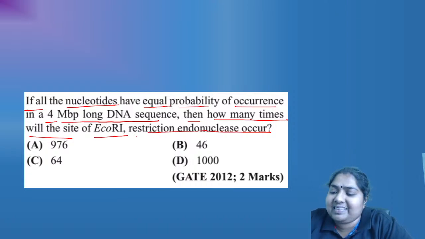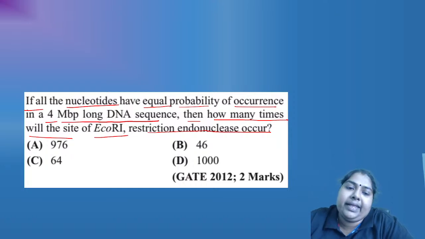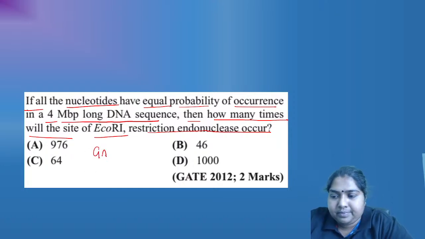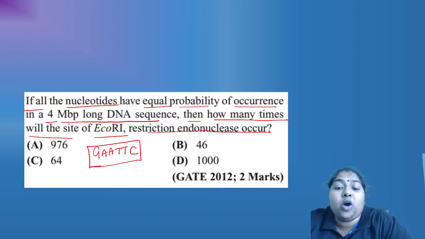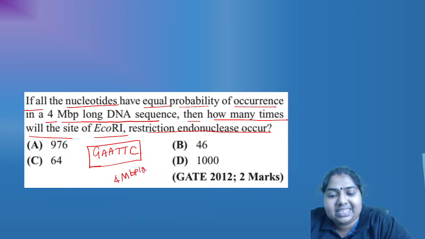Do you know the sequence of your EcoR1 restriction endonuclease? You could have studied that. EcoR1 is GAATTC, isn't it? Right. So now you are going to tell me how many times this EcoR1 site will occur in a 4 megabase pair long DNA.